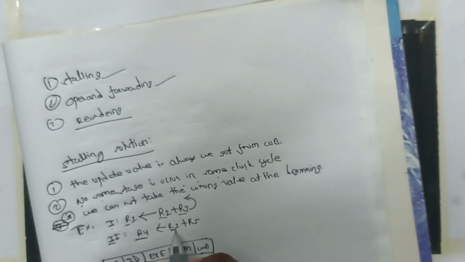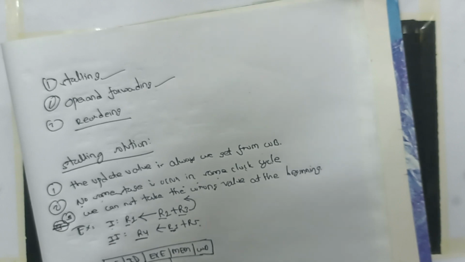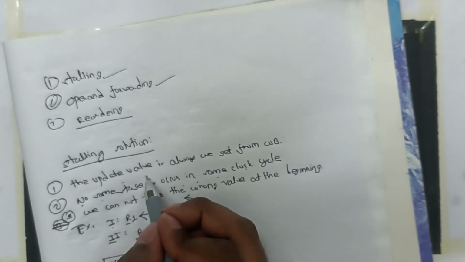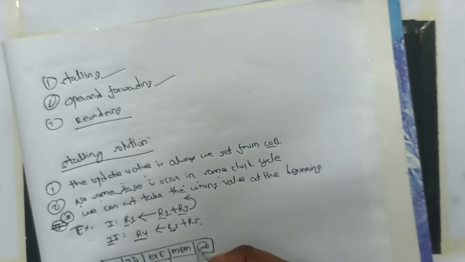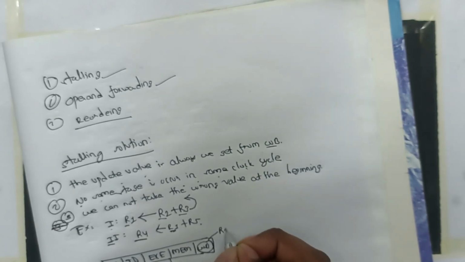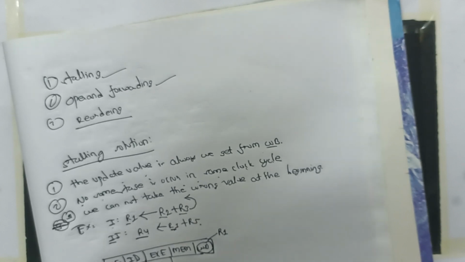If we take ID here, it means we are taking the values of R1 and R5 in this stage, but I told you the updated value in stalling we only get in write back. It means in the write back position we will get the updated value of R1. So if we put the ID here, it is taking the wrong value of R1.